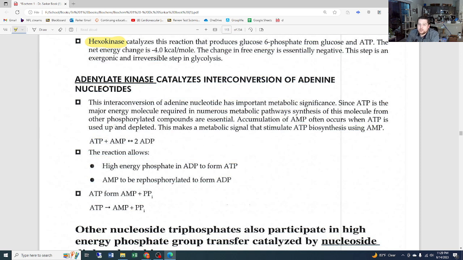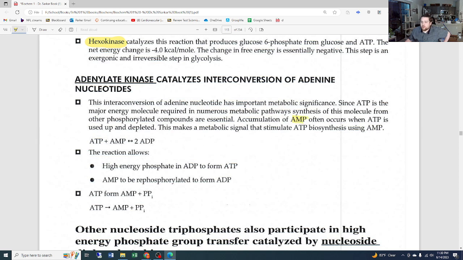Accumulation of AMP, we talked about this, AMP is adenosine monophosphate, so 2 of the phosphates have been broken off, often occurs when ATP is used up and depleted. This makes a metabolic signal that stimulates ATP biosynthesis using AMP. So as we use up a bunch of our ATP, we're going to get cleaving of multiple phosphates, and we'll end up with AMP.